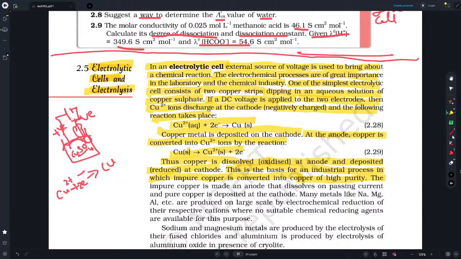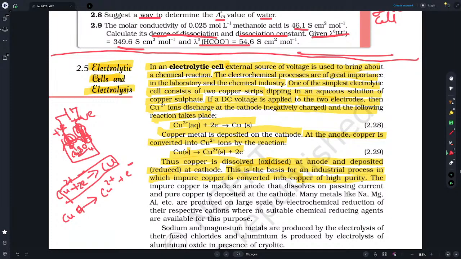Here you take two copper electrodes, dip them in the copper sulfate solution, and pass DC current. At the anode, copper will undergo oxidation to give Cu2+ and electrons. This copper will dissolve in the solution, whereas at the cathode, copper will take the electrons, get reduced, and deposit on the cathode.